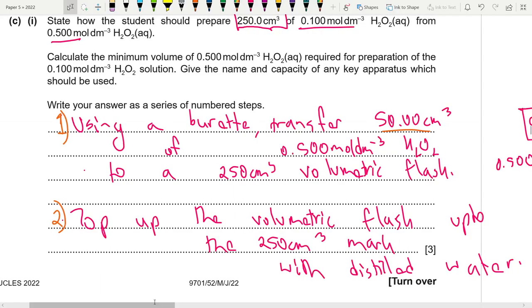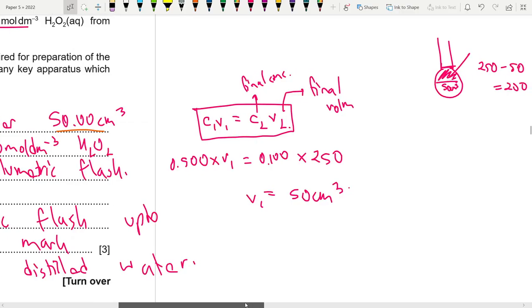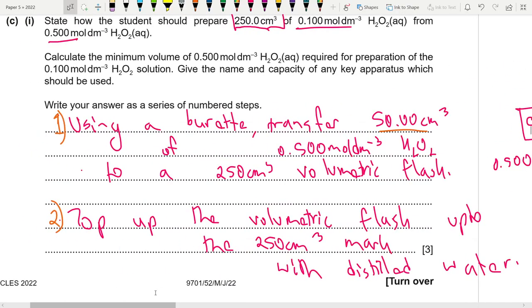Let's begin. We need to talk about the apparatus that we use and how we do it. The first mark is for saying that you're going to use 50 cm³ of the stock solution. And what instrument are we going to use to do that? Using a burette, because we want precision here. So using a burette, we're going to transfer 50.00.